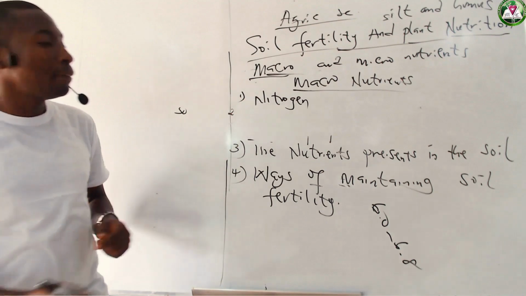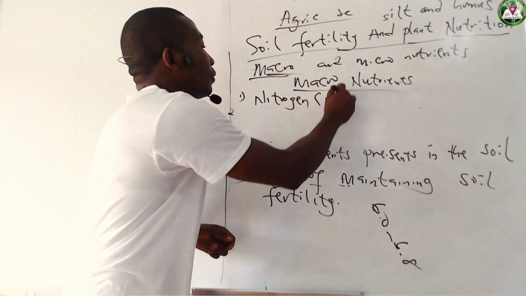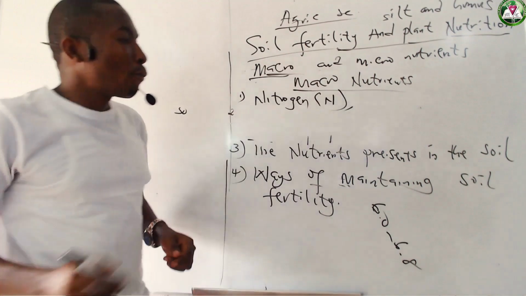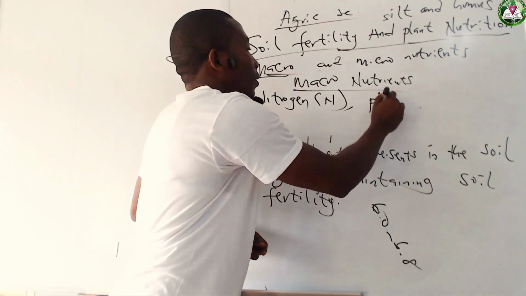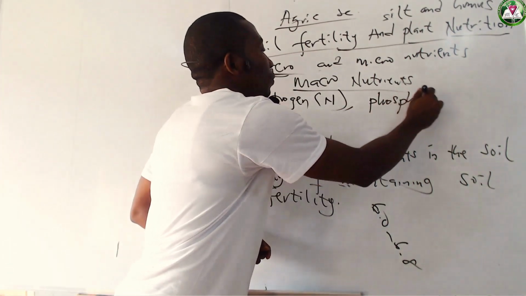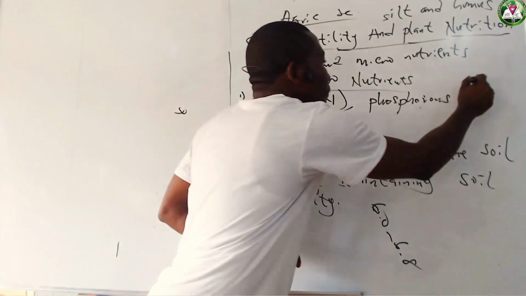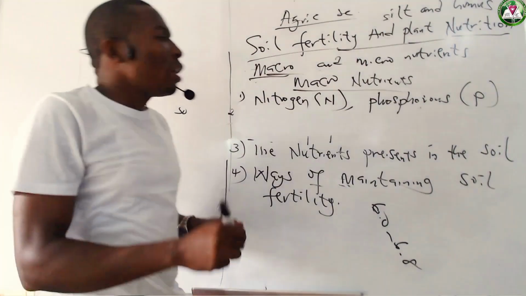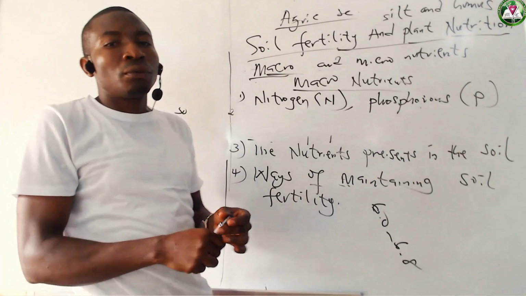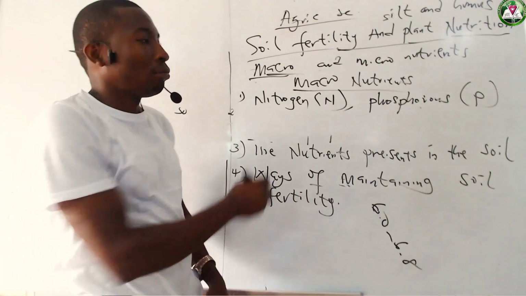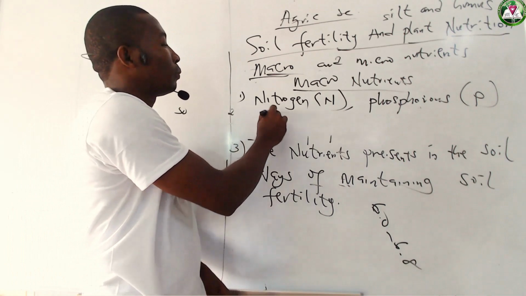And that is nitrogen. Another one we have is phosphorus. Phosphorus, P. We probably have another one, and that is potassium.